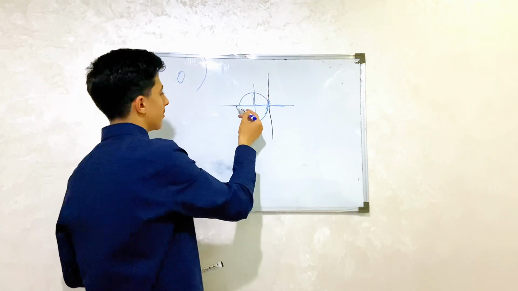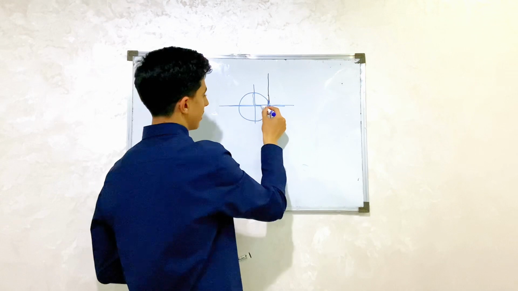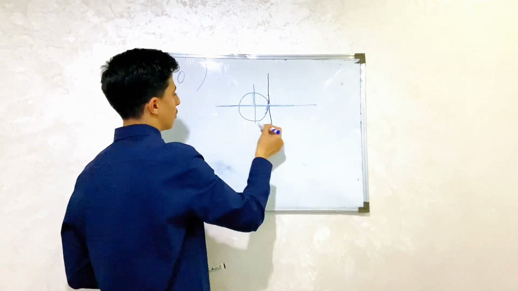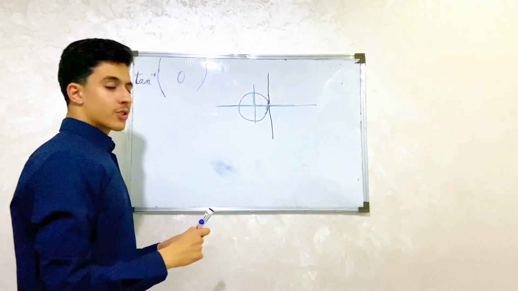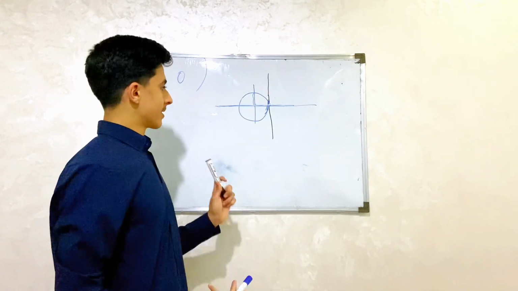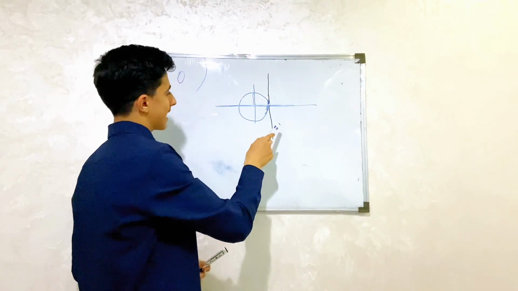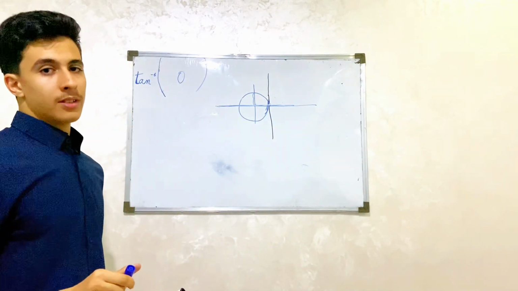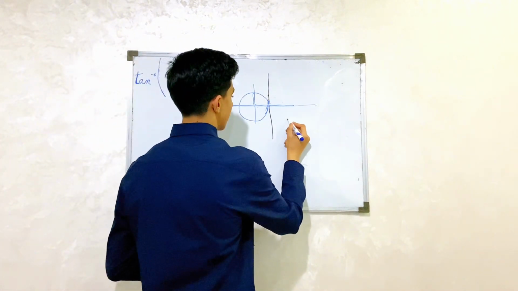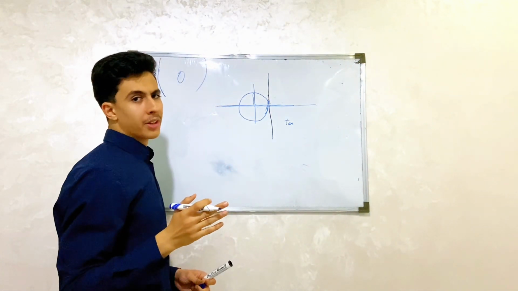But we can continue rotating till we reach 2 pi. Same thing. 3 pi, same thing. 4 pi, same thing. And same thing for negative values if we rotate the other way around. So, in order to get a tangent that's equal to 0, we need an angle that's equal to a multiple of pi.